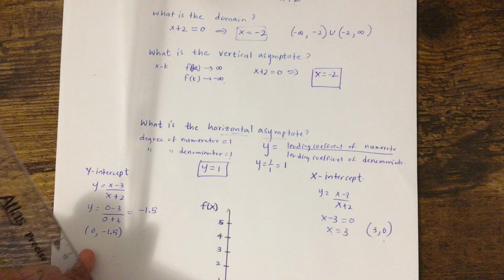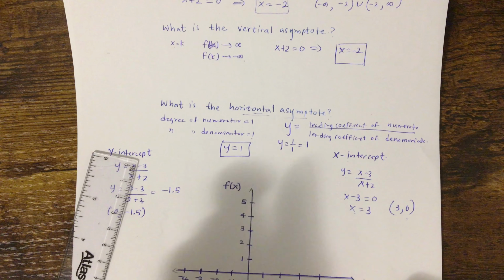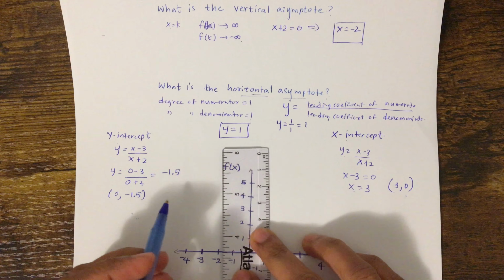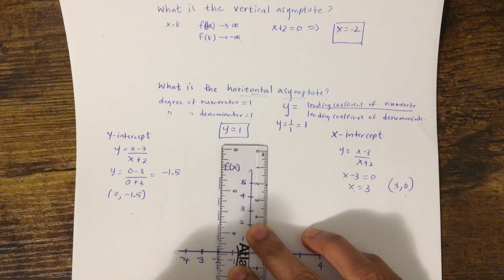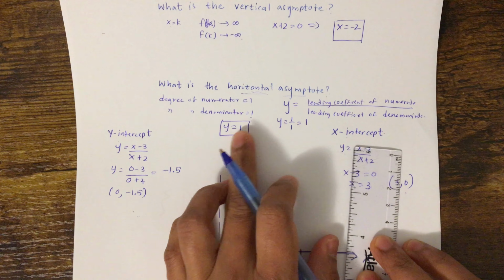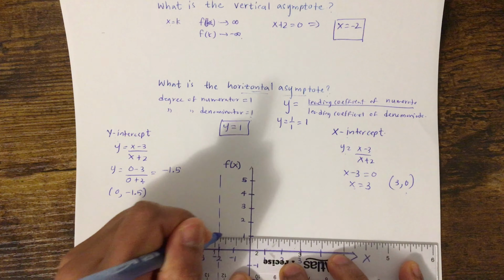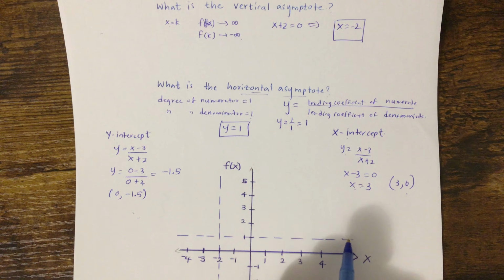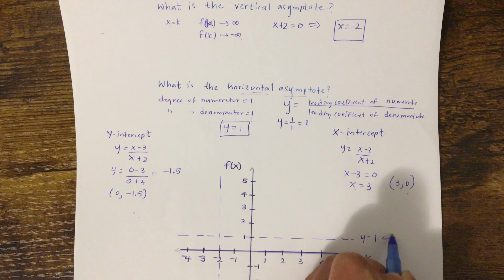Okay, so first you have to draw the horizontal and the vertical asymptote. So the vertical asymptote was x equals negative 2. So here I'm going to draw a vertical line at x equals negative 2, right? And the horizontal line y equals 1. Okay, so this is my y equals 1, which is the horizontal asymptote.